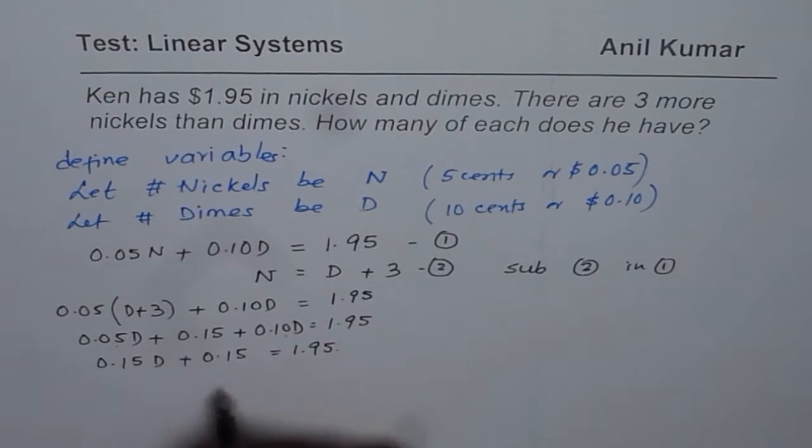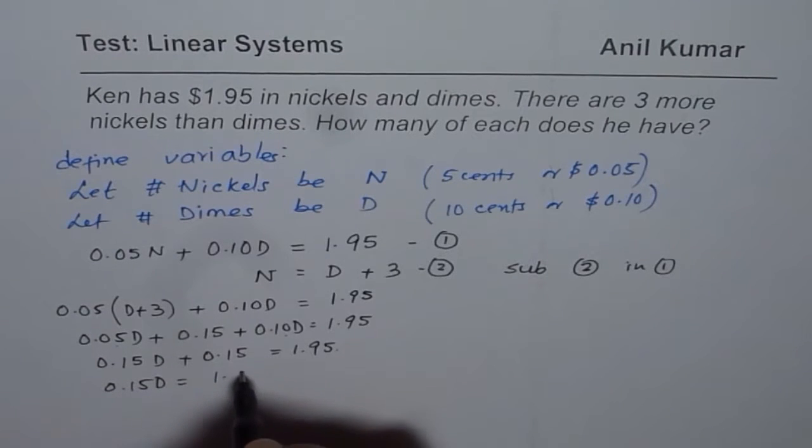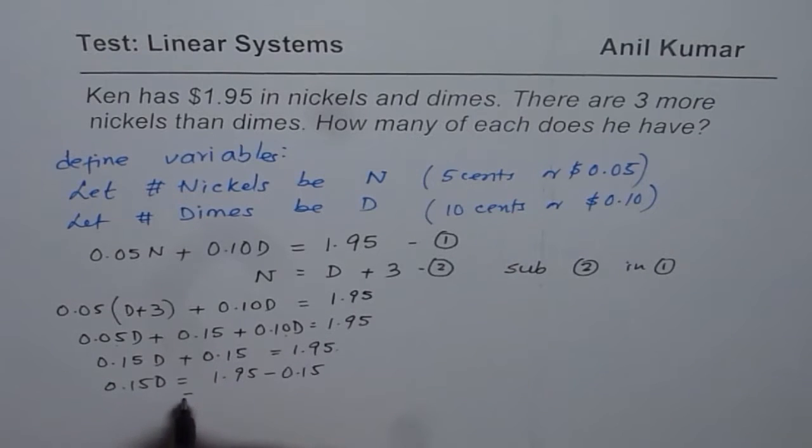Taking it to the right, we get 0.15d equals 1.95 minus 0.15, and that is 1.80, right? So 0.15d is 1.80, or we can say d is 1.80 divided by 0.15.